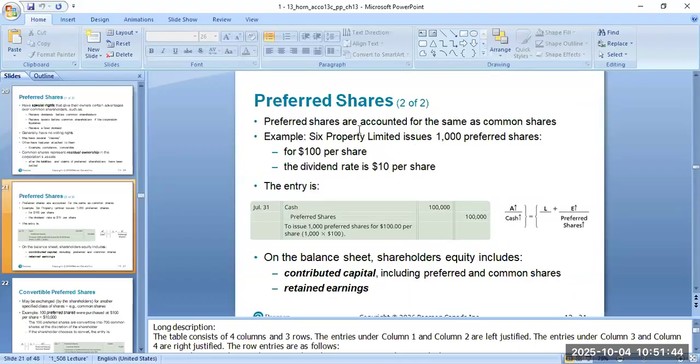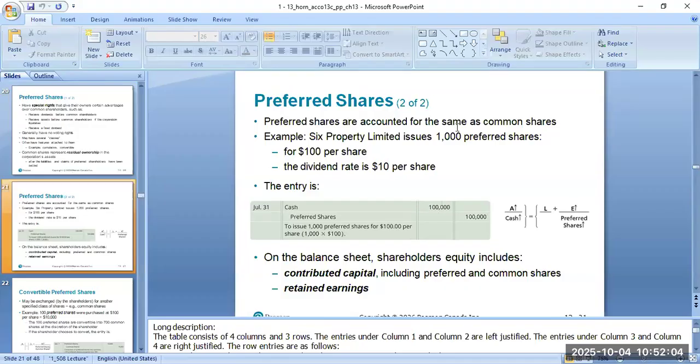Let's see, in this case, again, issuing the shares. Preferred shares are accounted for the same as the common shares. Say, for example, we issue 1,000 shares for $100 per share, which gives the shareholders rights to a dividend of $10 per share.